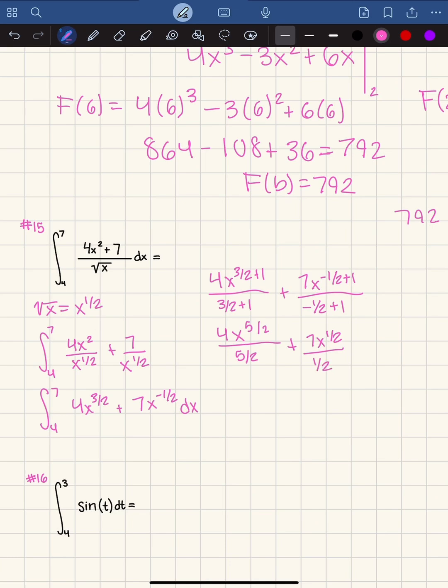And then to divide the fractions, you multiply by the reciprocal. And then that simplifies to 8x to the 5 over 2 over 5 plus 14x to the 1/2.